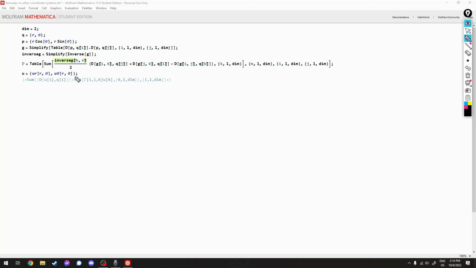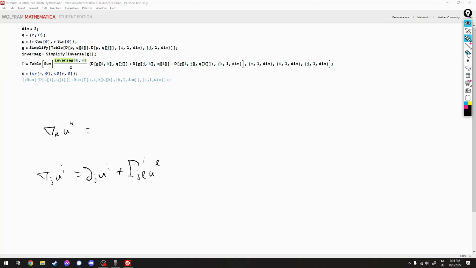And then I introduce some arbitrary vector, u, which is allowed to depend on the coordinates, that's u^r of r, theta and u^theta of r, theta, and I'm going to get Mathematica to calculate its divergence. So remember, div of u is del_k u^k, which is equal to, let's be careful here, del_j u^i, this was partial j u^i plus gamma^i_jl u^l.